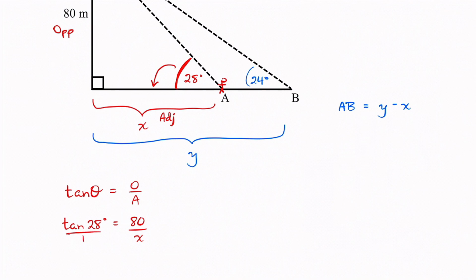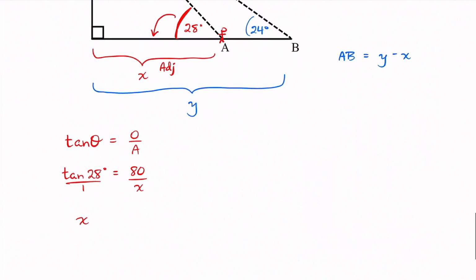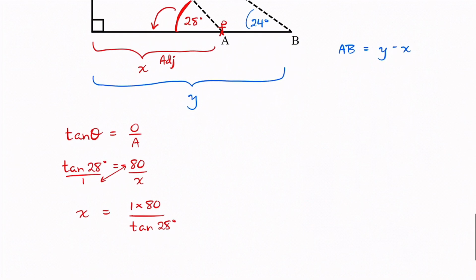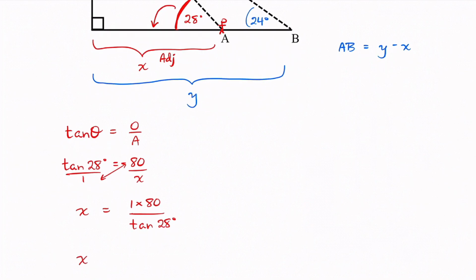Then put this over 1 and cross multiply and divide. So 1 times 80, divided by tan of 28. Let's put that into my calculator really quickly.